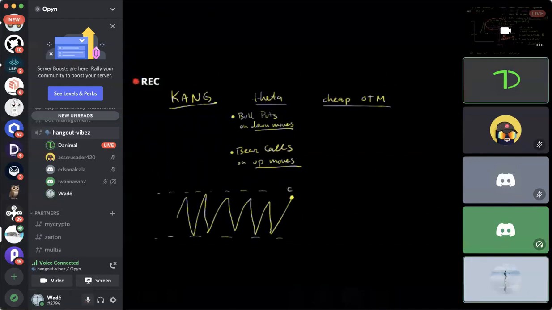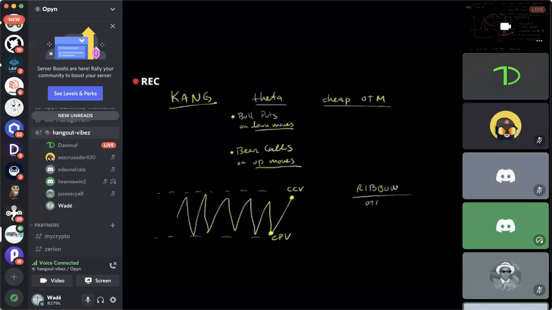Daniel, I don't know if you're familiar with the protocol Ribbon, but Ribbon has built a bunch of perpetual automated vaults that every week sell out of the money puts and out of the money calls to earn premiums for people that have deposited into those vaults. There are some really cool applications that people are building using options that allow DeFi users to earn super high yield compared to other yield farming strategies.